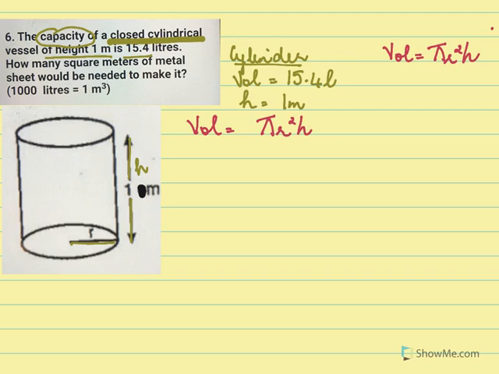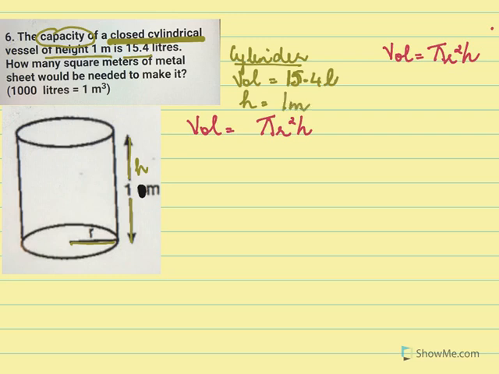Now the volume is given here as 15.4, but remember it is 15.4 liters, and we cannot work in liters. We have to work in meter cube because everything is given in meters. Your height is given as 1 meter.